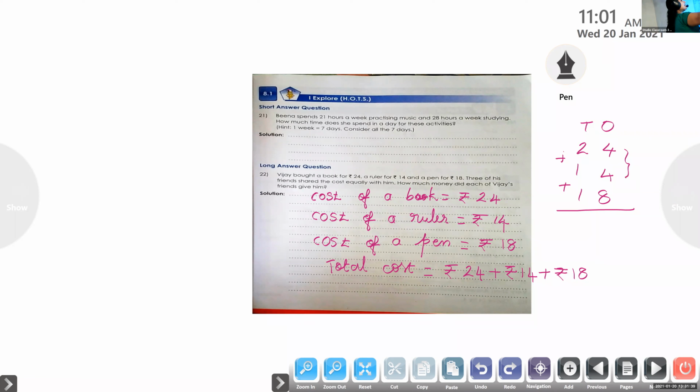So in 16, 6 we will write here. 1 carry to the next place. 1 plus 2, 3. 3 plus 1, 4. 4 plus 1, 5. So 56. Have you understood your mistake? Maybe you missed the carryover. That's why you forgot to do the regrouping. That's why you got 46.